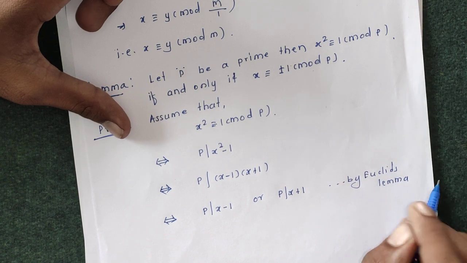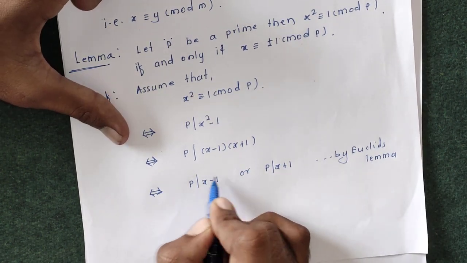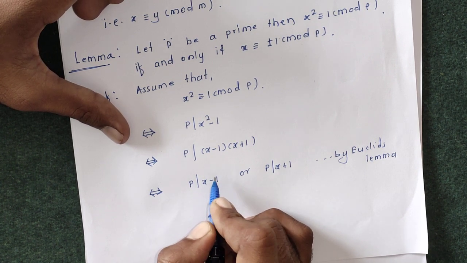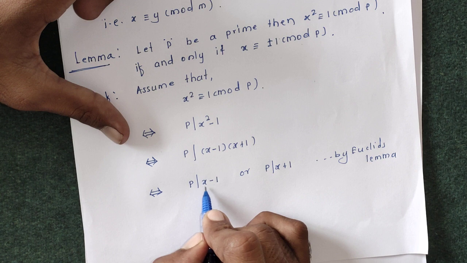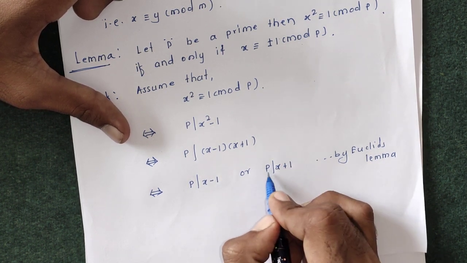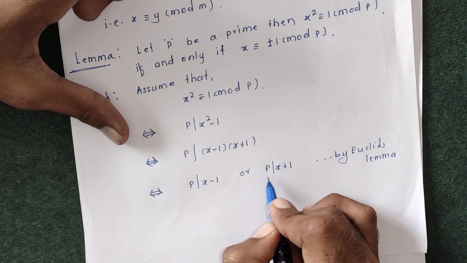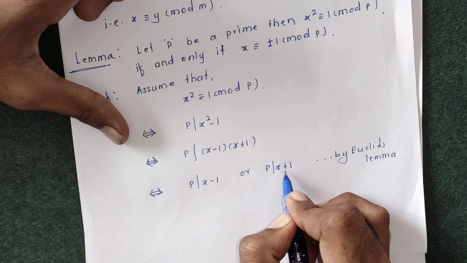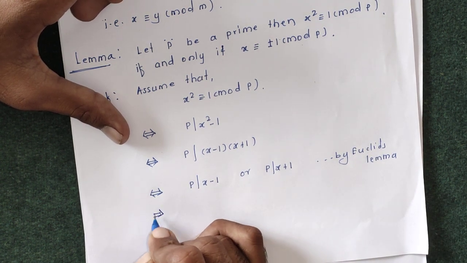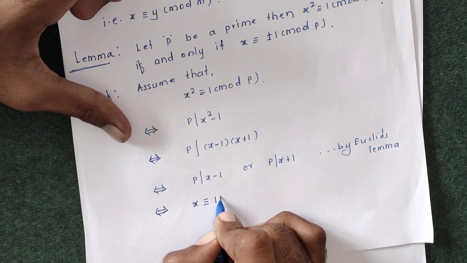This is by using Euclid's lemma: p divides x minus 1 or p divides x plus 1. From p divides x minus 1, we can use the definition of congruence and write x is congruent to 1 mod p. Or from p divides x minus of minus 1, we can write x is congruent to minus 1 mod p.